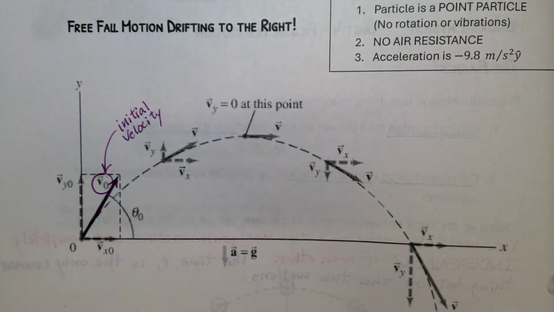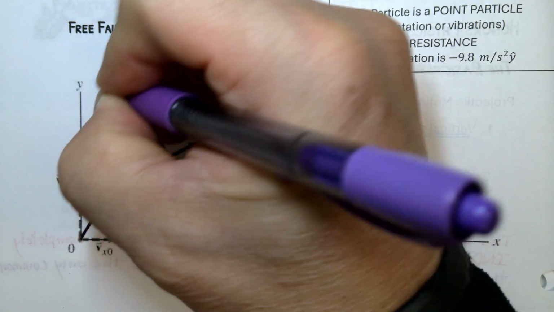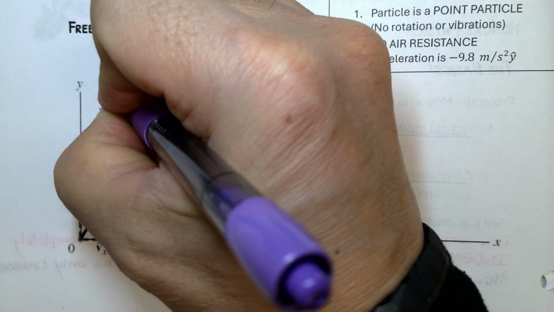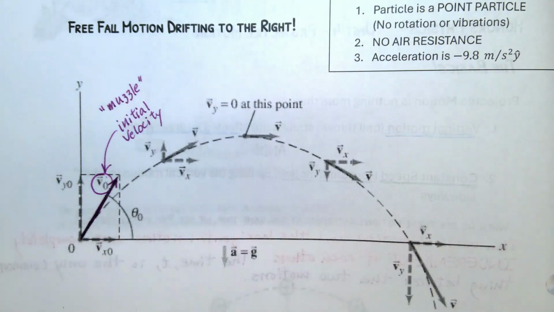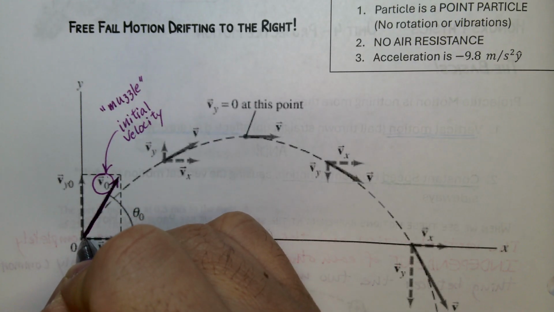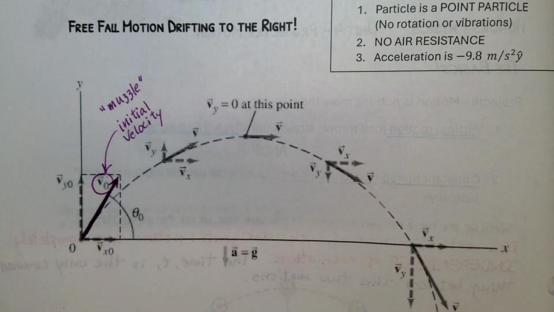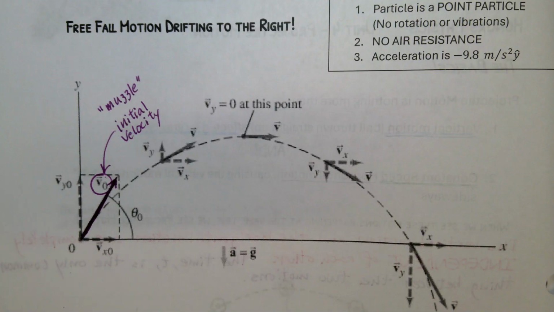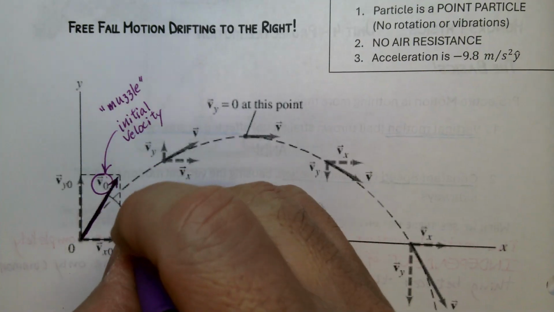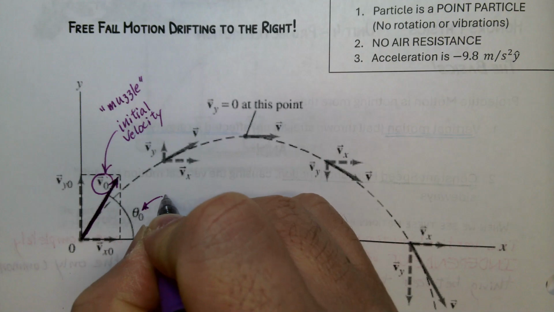Sometimes it is known as the muzzle velocity if you're shooting it from a gun or a cannon. Or if you're launching a soccer ball or launching something at an angle, the initial velocity is v naught. This theta naught is known as the launch angle.